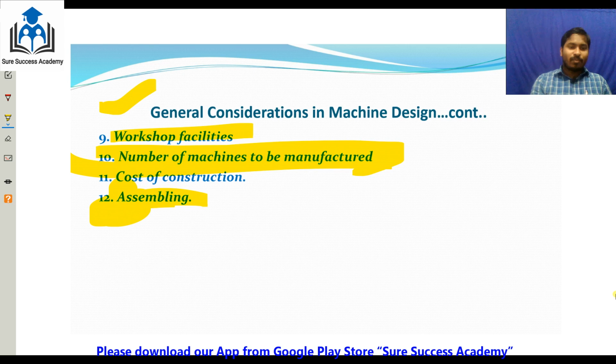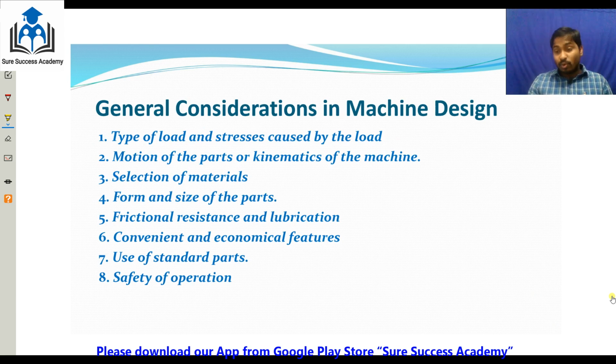In these 12 points, again we are considering the types of load you have to consider, then the motion, then the selection of material, where knowledge should be there, and the form and size of the parts. Frictional resistance and lubrication are important. If you do not do the lubrication, power wastage will be there, right?